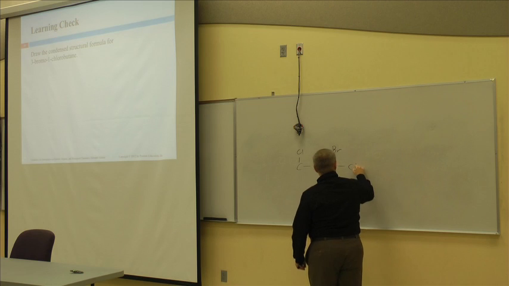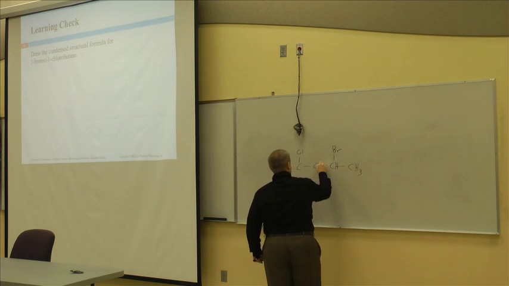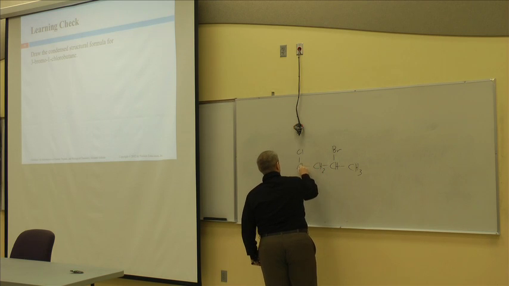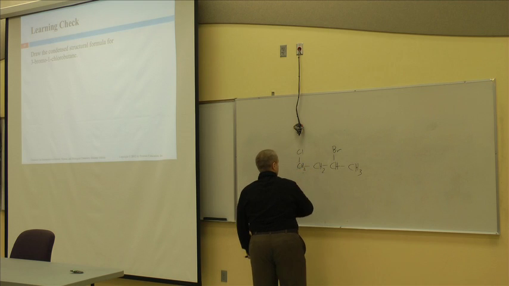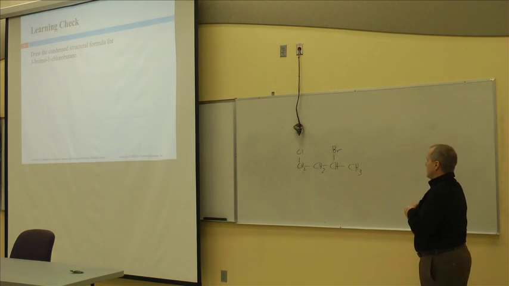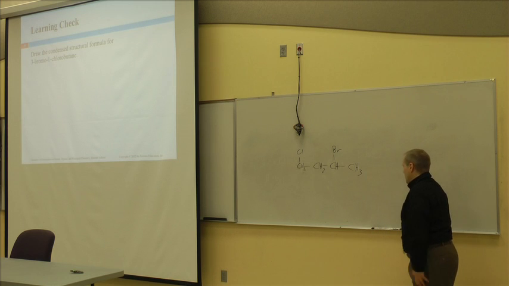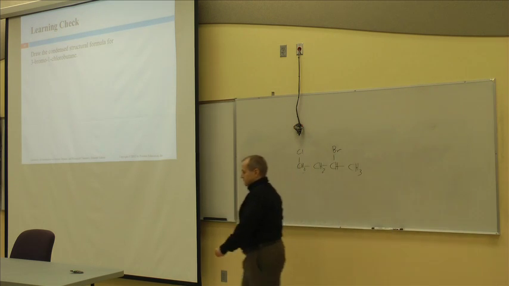So this should be H3, H, H2, and H2. Let me make that a little cleaner. Okay? That's a condensed structural formula. And the substituents are just drawn in. Bromine, chlorine, just like that. All right, I'll see you guys back here in 10 minutes.